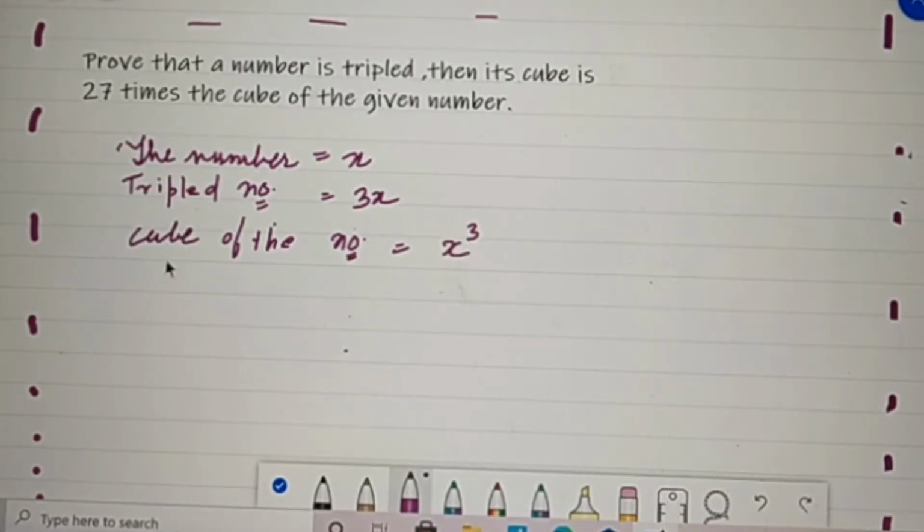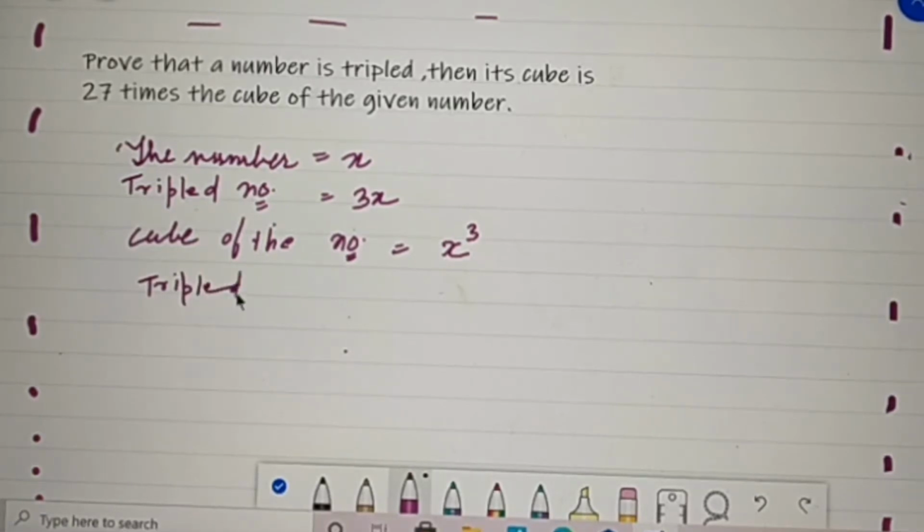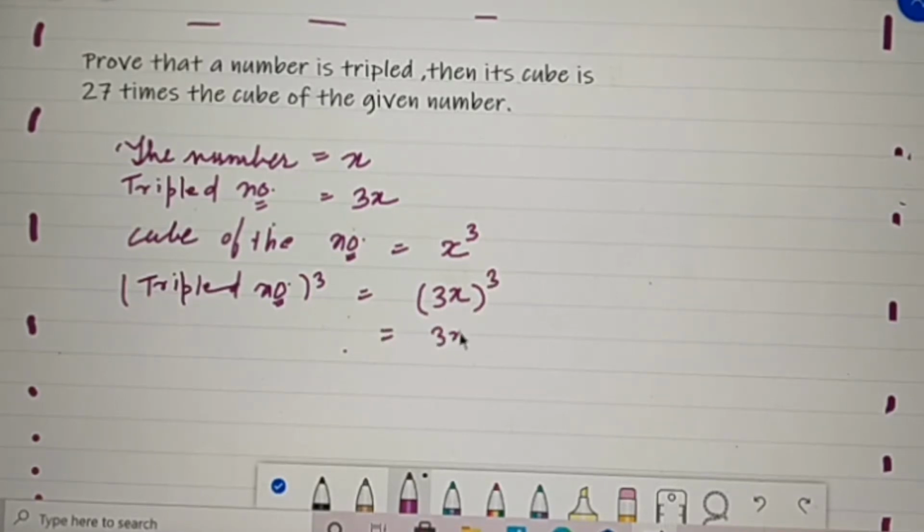And the cube of the tripled number: we take out its cube, the tripled number is 3x and its cube is power 3. So we have 3x into 3x into 3x, which gives 27x cube.